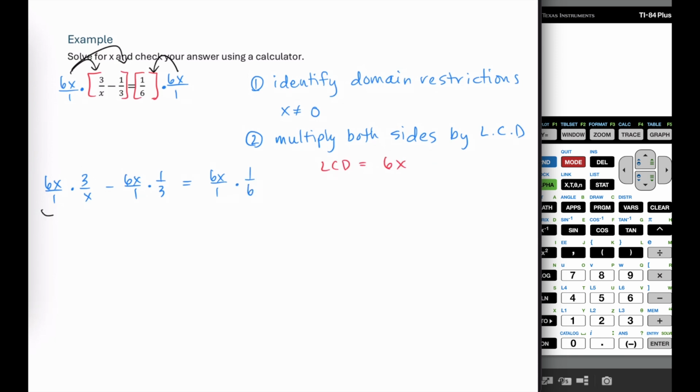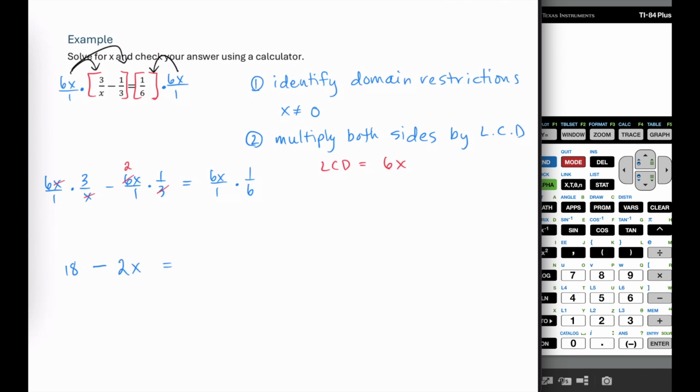So now we're looking at 6x over 1 times 3 over x, and we'll notice that the x factor is going to cancel out here, leaving 6 times 3 in the top, which is just 18, minus, let's multiply the LCD now times 1/3, and here we see that the value of 3 is going to divide evenly into 6, leaving a factor of 2 that remains, and so we have 2 and x left in the numerator, which multiplied together gives us just 2x.